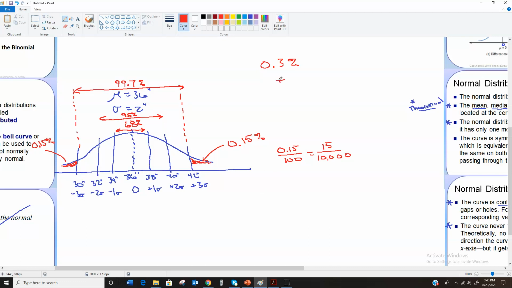So you really need to remember that for your homework, for your exam, whatever, that plus or minus 1, I'm sorry, plus or minus 1 standard deviation is 68%. Plus or minus 2 standard deviations is 95%, and plus or minus 3 standard deviations is 99.7%.